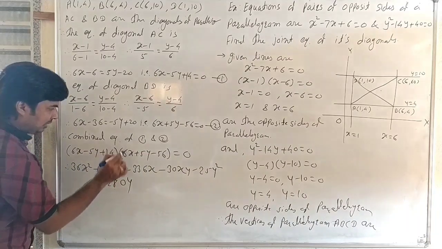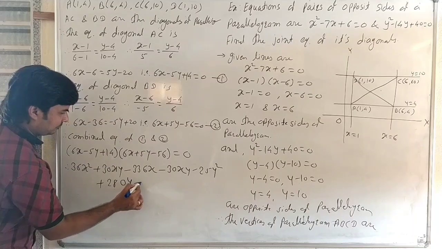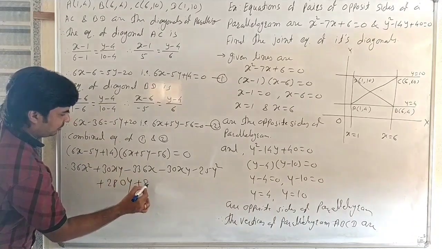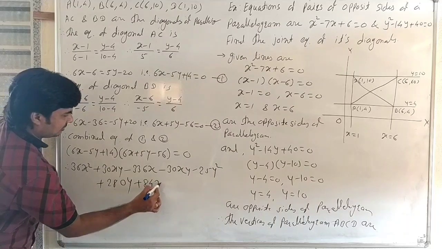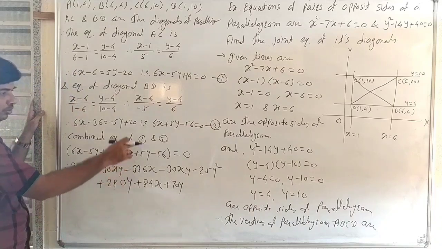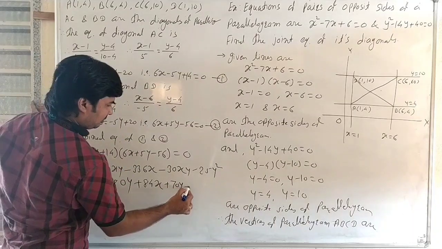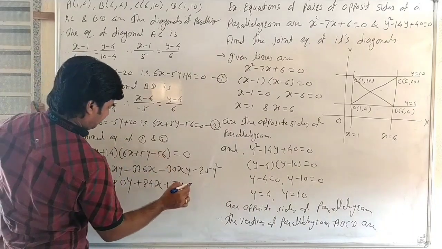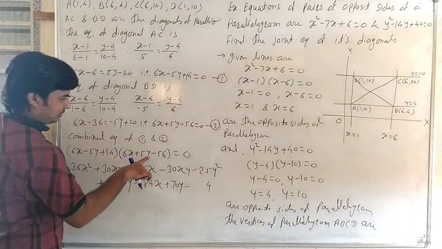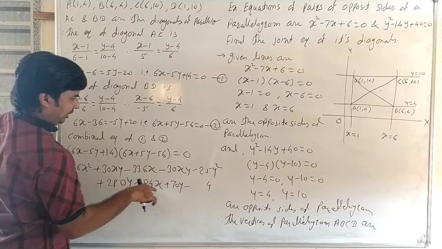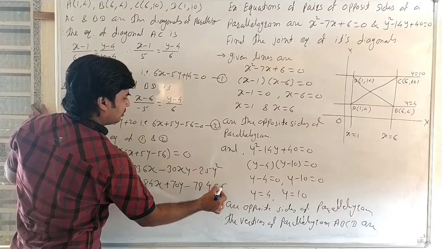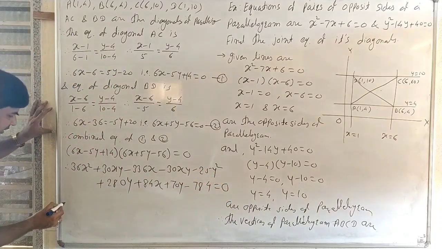Now 14 multiplied by this: plus 84x plus 70y minus 784, equal to 0.